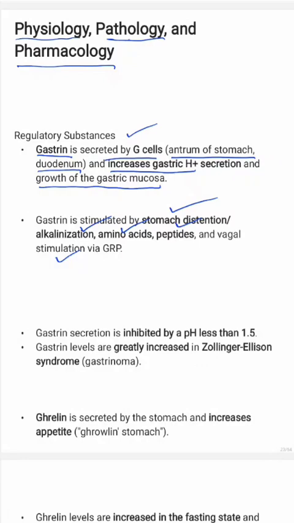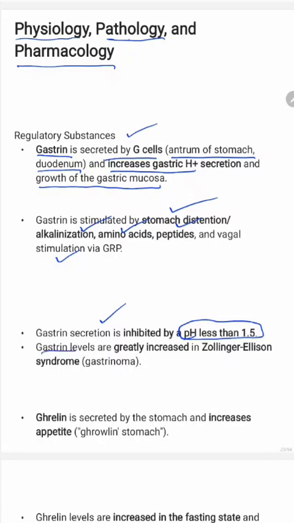And if there are amino acids or proteins, acid is required for their breakdown, so gastrin is released and in turn it secretes acid. Okay, so gastrin secretion is inhibited by a pH of less than 1.5. So if the environment is really acidic, then gastrin secretion is inhibited.